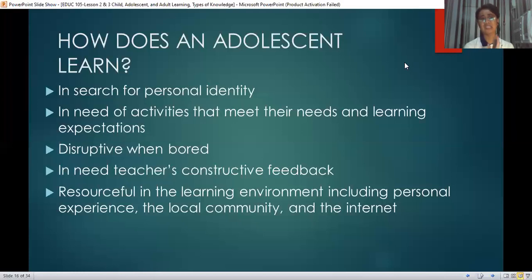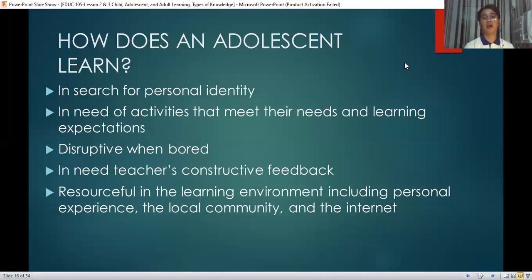Early at this stage of their lives, they already know their learning styles and they already appreciate what learning is. So I repeat, most of the time, adolescent learners need teachers' constructive feedback to correct some misconceptions, some things which they did wrong. And expect that this stage is still a trial and error stage.